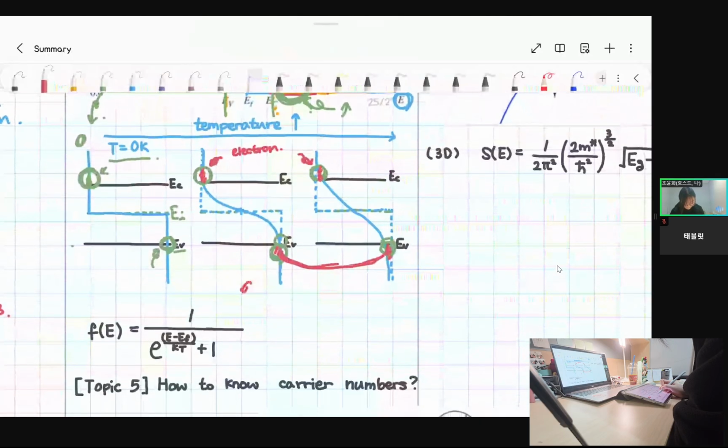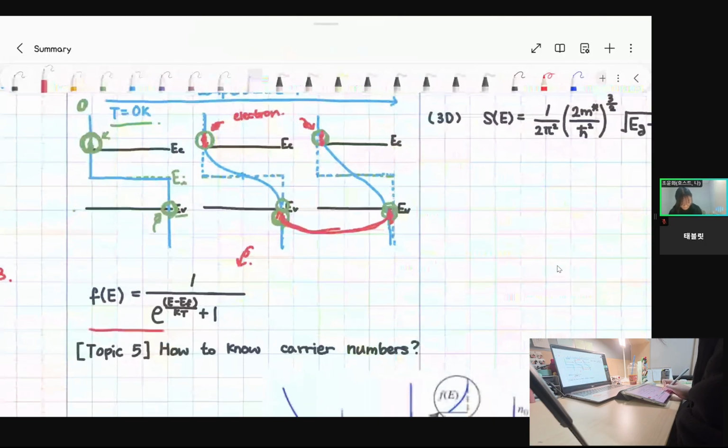We can explain this by that formula. The Fermi-Dirac distribution is given by this formula, and if we know the temperature and the energy difference, we can get the probability that an electron can exist.